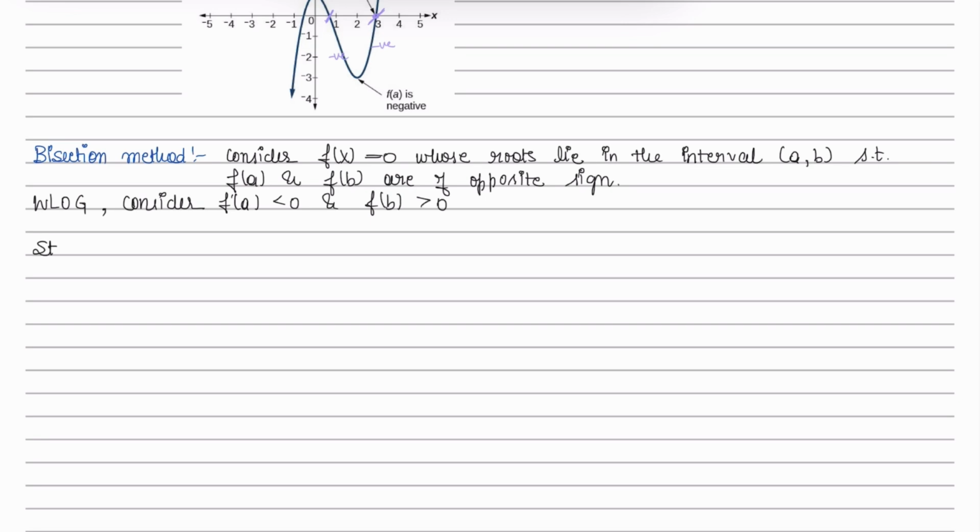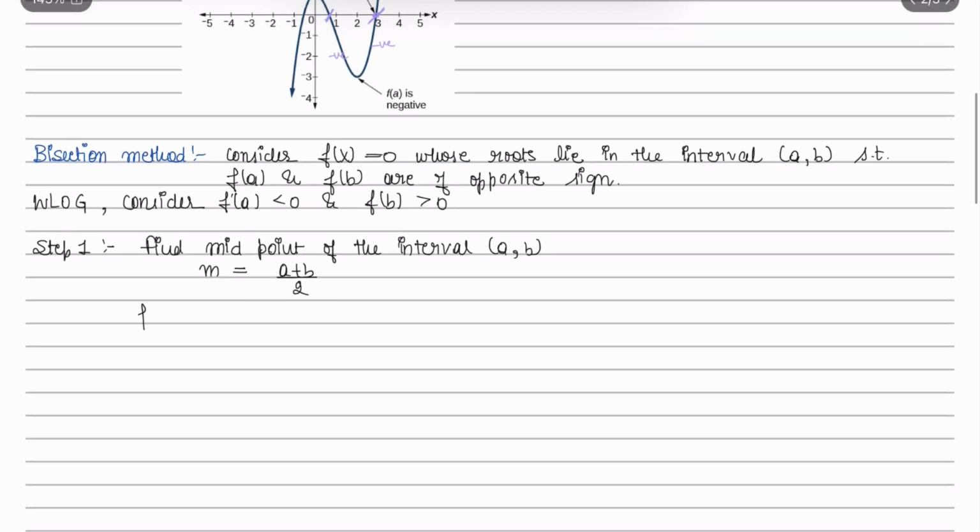Step 1 says find the midpoint of the interval a comma b. m is equal to a plus b by 2.